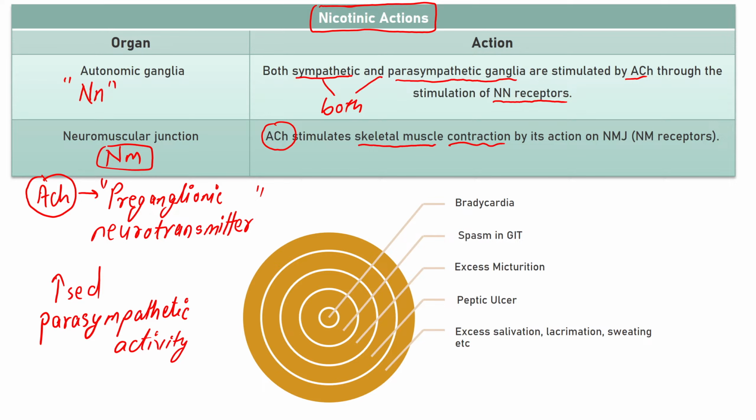If all the actions we have learnt become excessive, what will happen? Like bradycardia. If M2 action is excessive, it will lead to decreased heart rate, which will cause bradycardia.